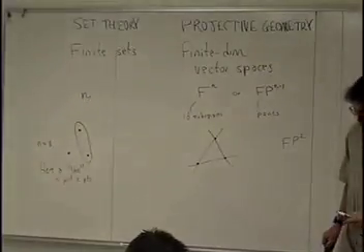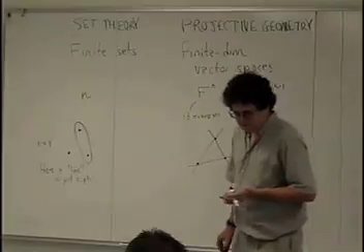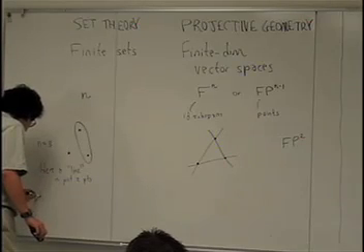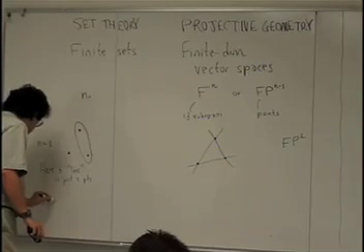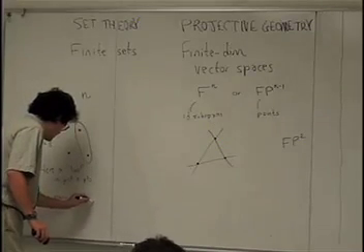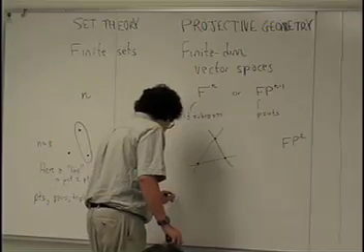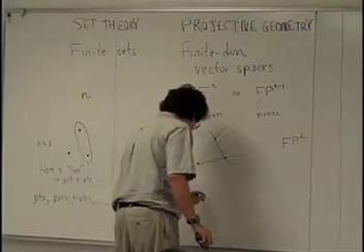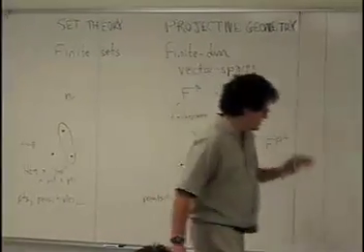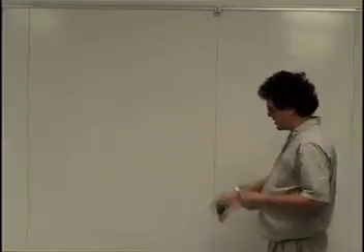And so what we are going to do is think about the concept of a flag in both situations. So over here we have points, pairs, triples, and so on. Pairs of points, triples of points. Over here we have points, lines, planes, and so on. And a flag is a collection of such things where each one is included in the next one.